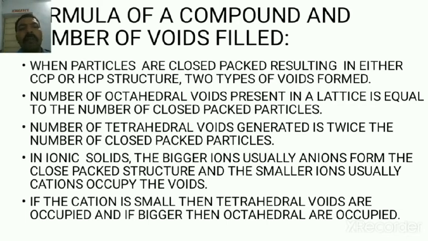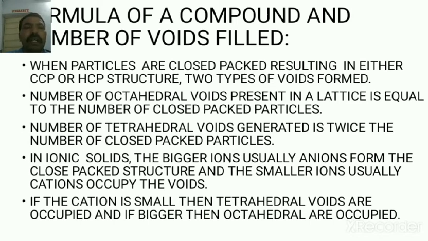How can the formula of a compound be calculated? By using the arrangement of the constituent particles and the number of spaces occupied by the constituent particles. When the particles are close packed, resulting in their CCP or HCP structure, two types of voids are formed.